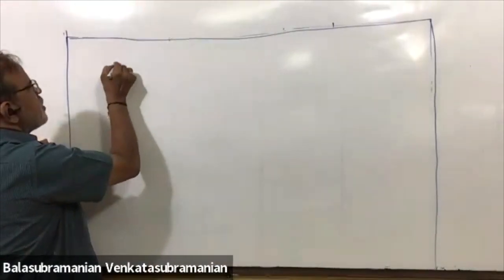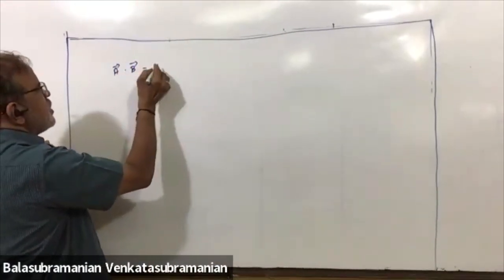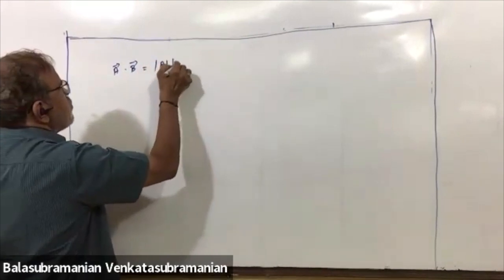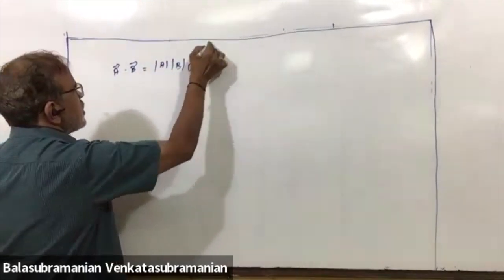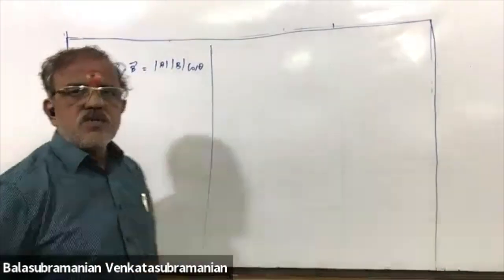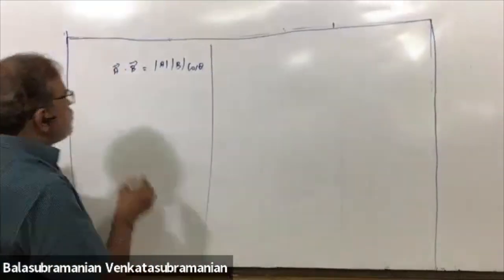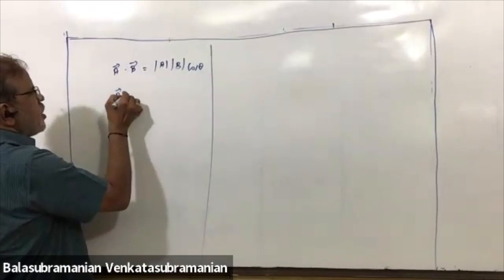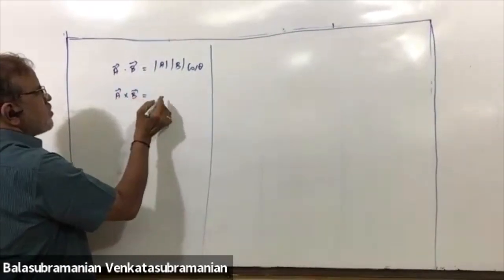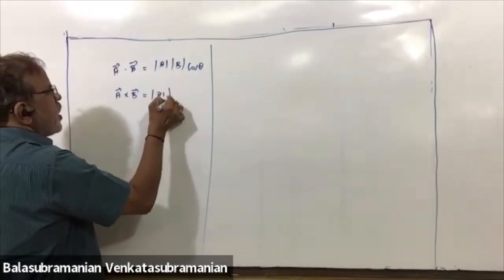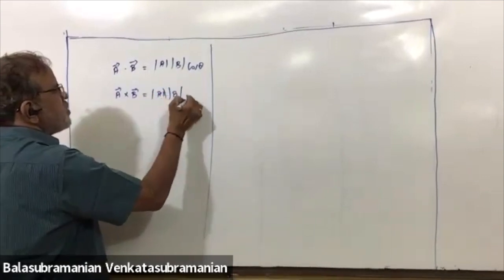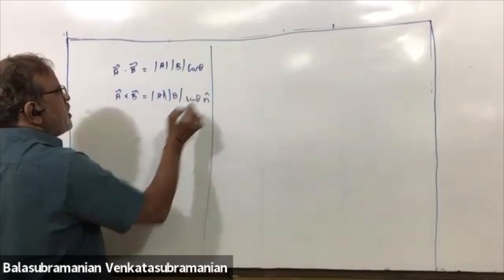A vector dot B vector is modulus of A modulus of B cos theta. Vector product of two vectors, A vector cross B vector, is equal to modulus of A modulus of B sin theta n cap.